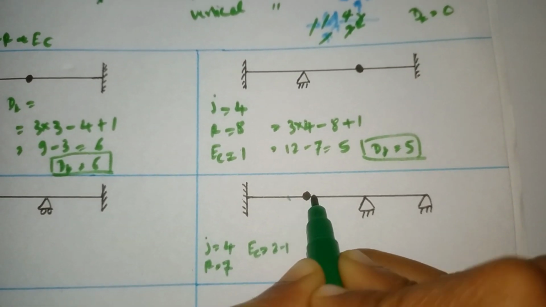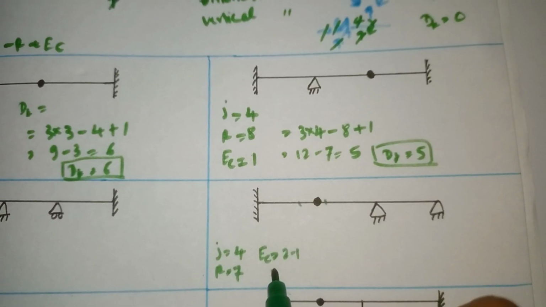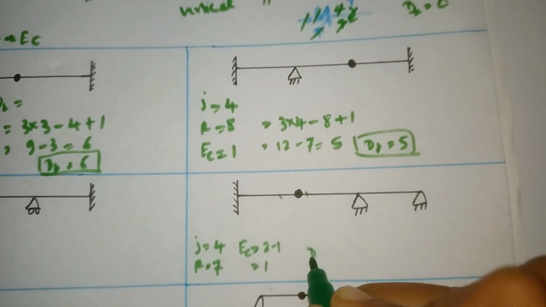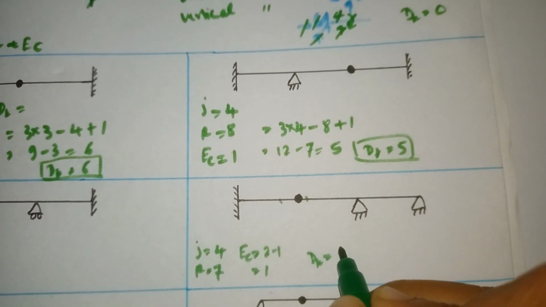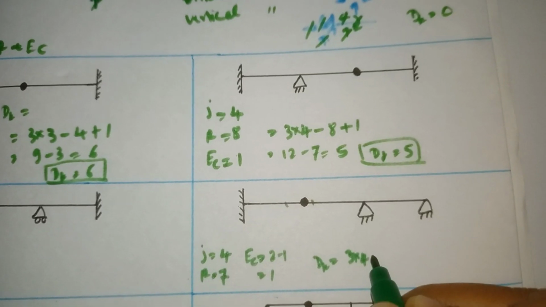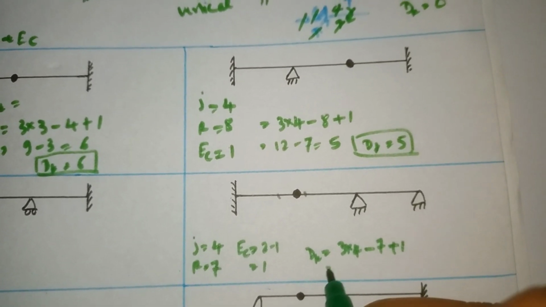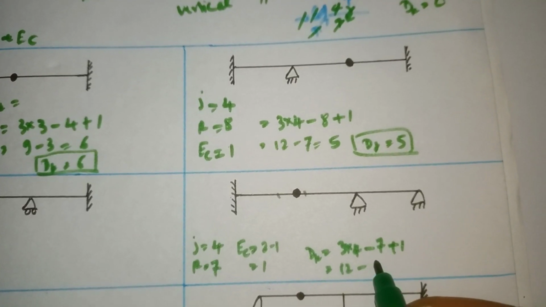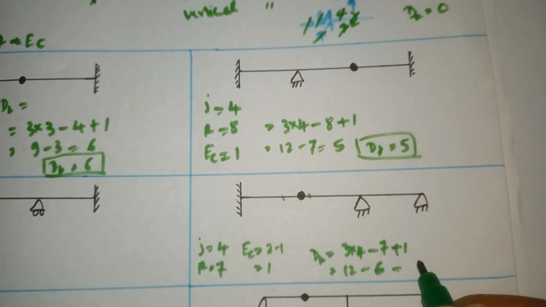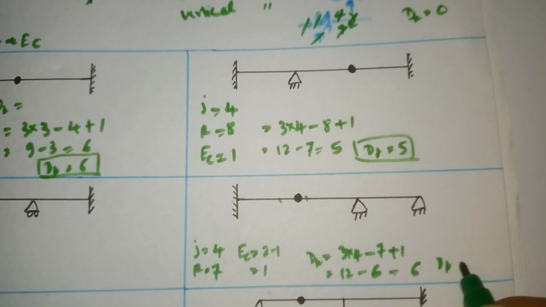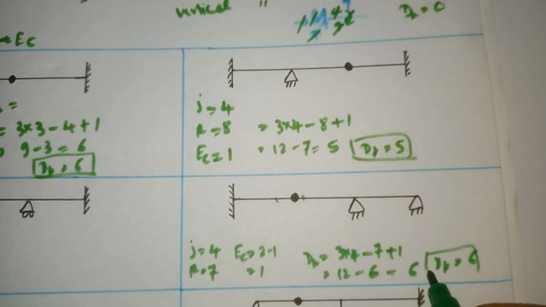M dash is 2, two members are connected. 2 minus 1, so 1. So DK is 3 into joints 4, minus reactions 7, plus ec 1. 12 minus 6. The answer is 6. So DK is 6 here.